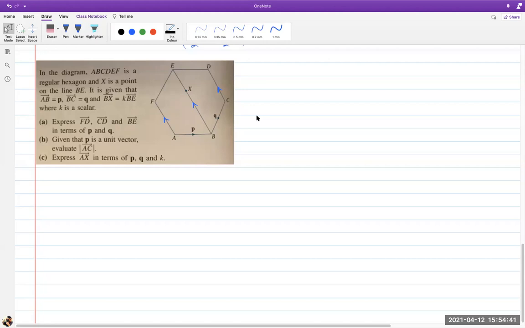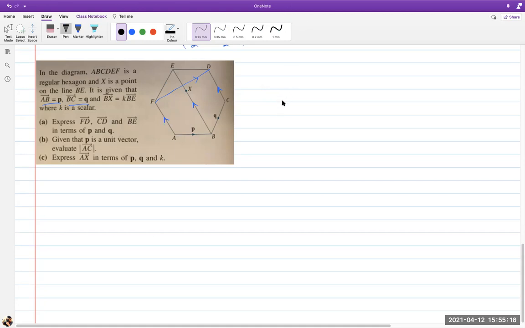So if you want to find FD, for example, now what information do we have? We want to show everything in the form of AB, BC. These are the two that we want to show everything in. So FD over here, like this whole portion, how I would do it is that I'll go from F to E because that is opposite and parallel to B to C, and then E to D, which is exactly opposite of AB. And that way I would be able to get it.